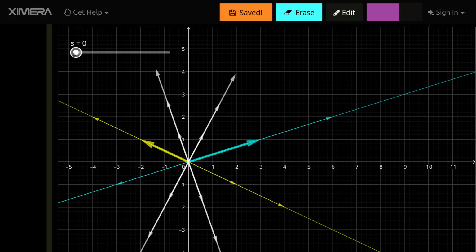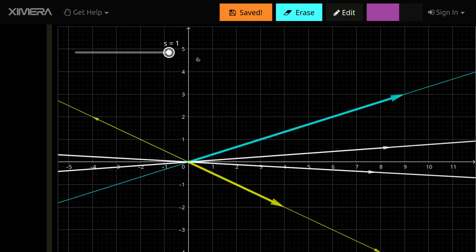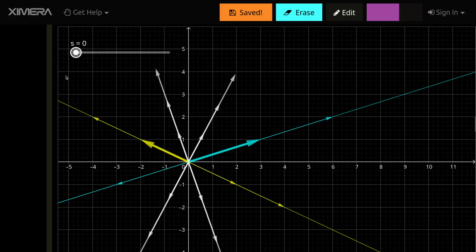So here are the original vectors, and if we apply the transformation, if we multiply each of these vectors by that matrix, [1, 6; 1, 0], this is what we get after. This is the result of the transformation on each of those vectors. Now, I want you to pay attention to some of these vectors one at a time. Let's look at the two sections of vectors in white. Notice what happens when we apply the transformation.